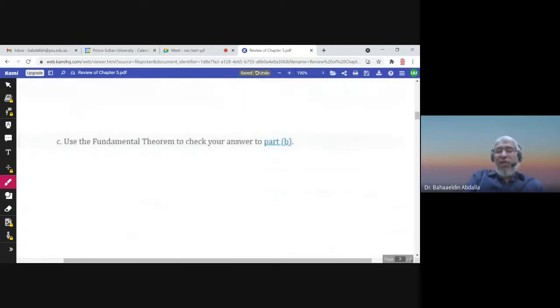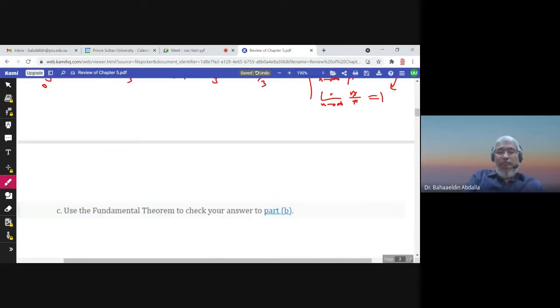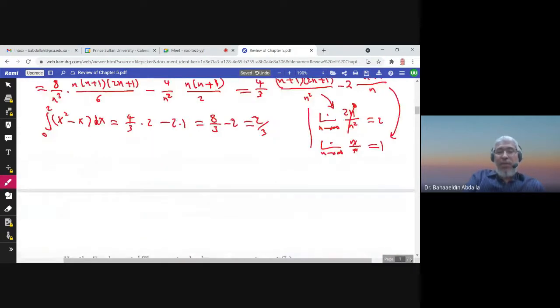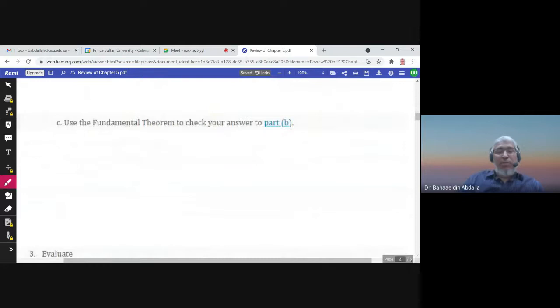Use the fundamental theorem to check your answer. Well, the fundamental theorem of calculus says that to find the integral from 0 to 2 of a function, you need to find the antiderivative of this function. And the antiderivative of x squared is x cubed over 3. And the antiderivative of x is x squared over 2.